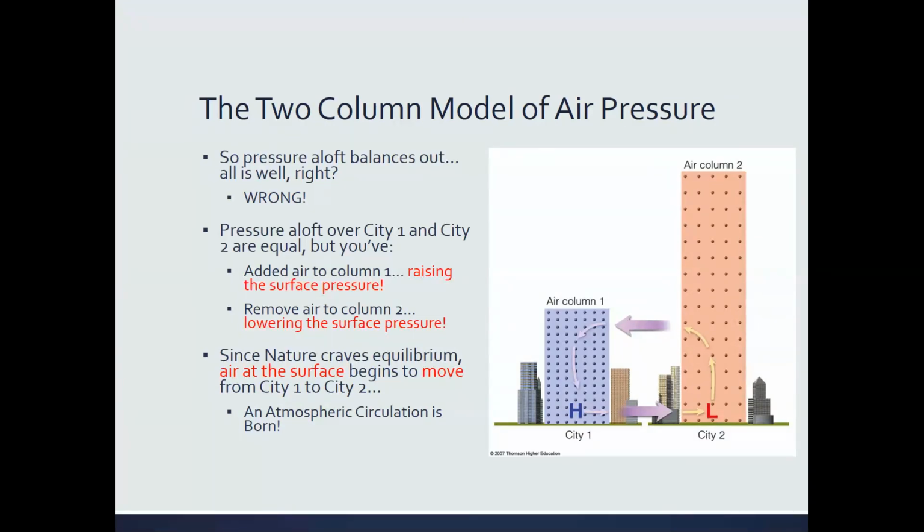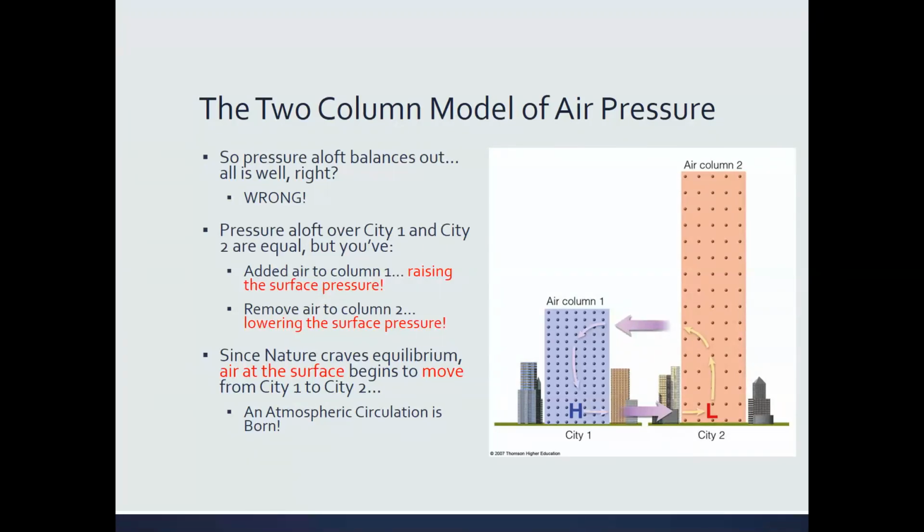Take a moment and really think about what's happening here. So, starting out with 2 equal columns of air, same temperature, same everything. At the surface, they have the same pressure. As you warm one column and cool the other column, they both still have the same pressure at the surface.